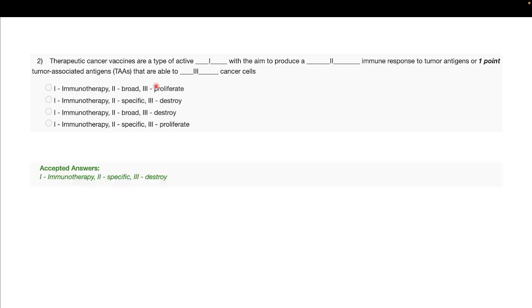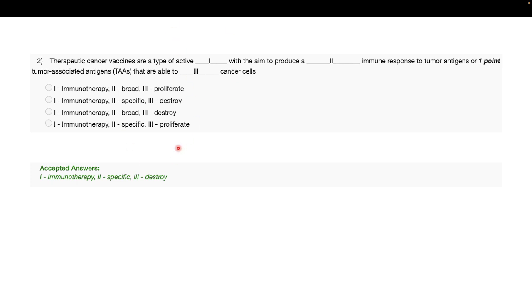So let's fill in the blanks and read the statement again. Therapeutic cancer vaccines are a type of active immunotherapy, that is correct, with the aim to produce a specific immune response to tumor antigens. So this is a specific immune response. It's going to trigger only against the specific antigens or tumor associated antigens that are able to destroy cancer cells.